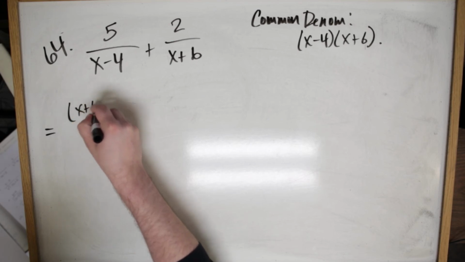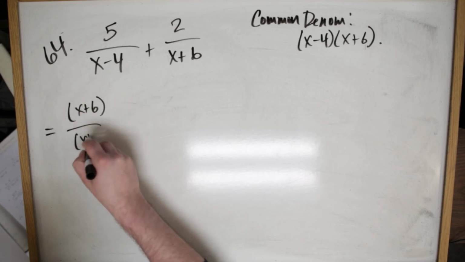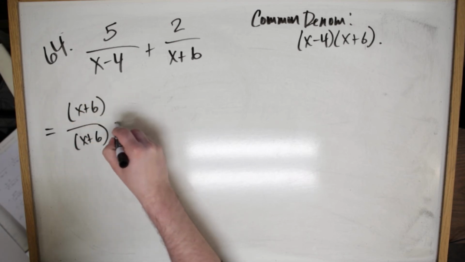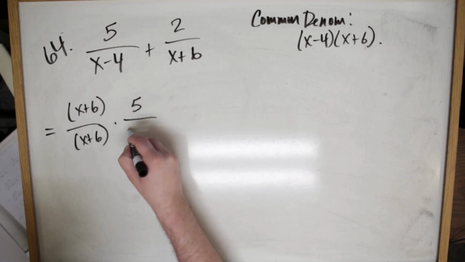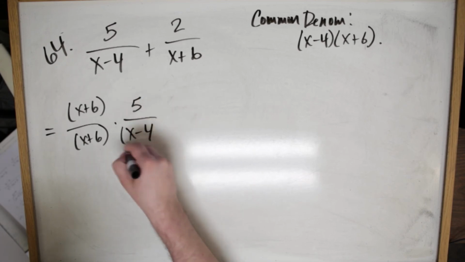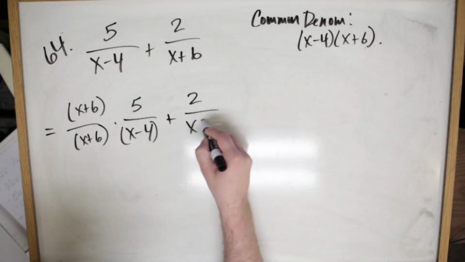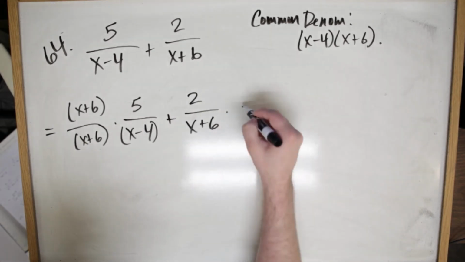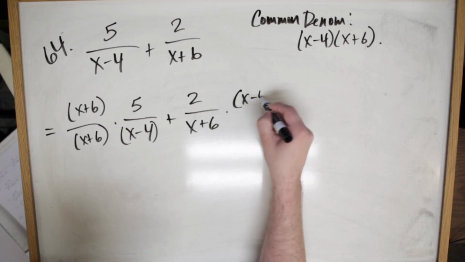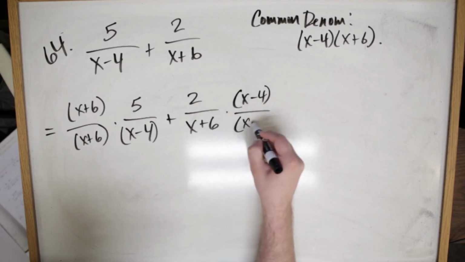X plus 6 over x plus 6 times 5 over x minus 4, okay? Plus 2 over x plus 6 times the missing piece, x minus 4 all over x minus 4.